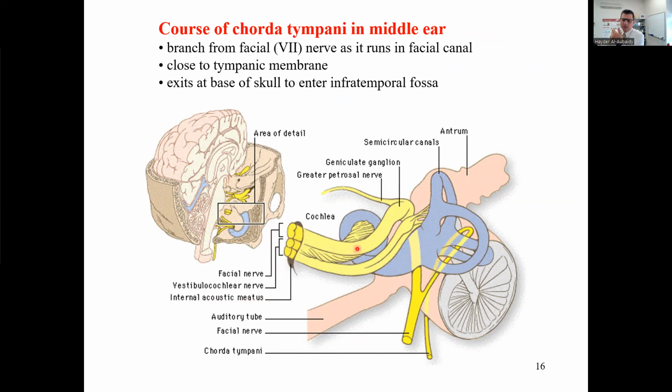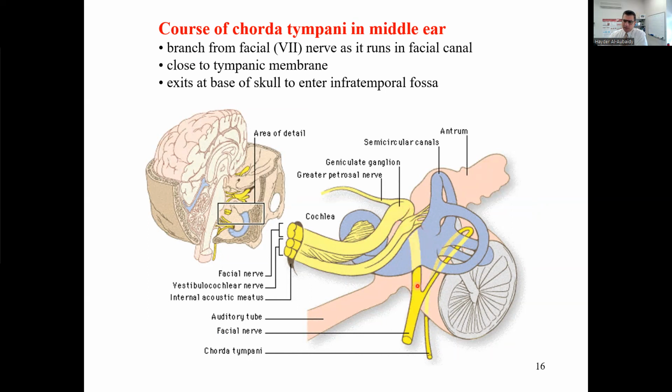Once it passes through the petrous part of the temporal bone, the facial nerve will go through a canal called the facial canal. They split because the vestibulocochlear nerve will go into the organ of hearing and balance, which will be discussed later, but the facial nerve will go through its facial canal.